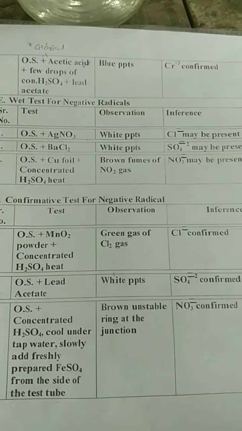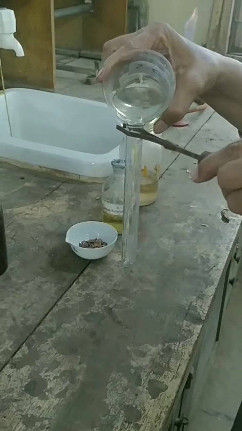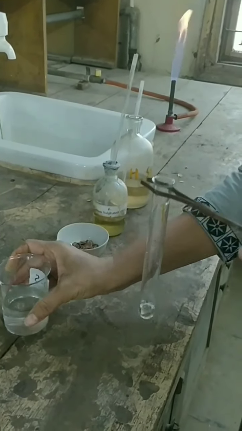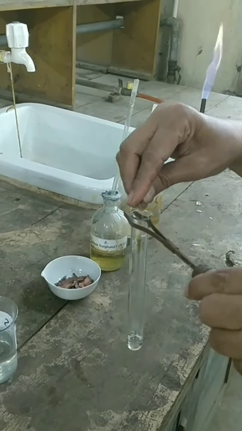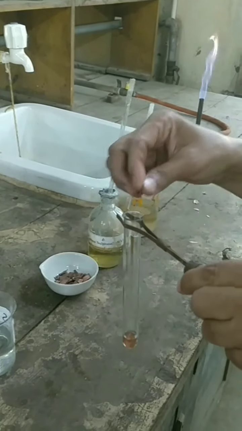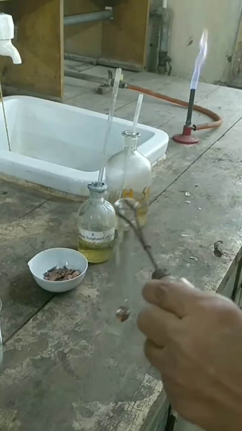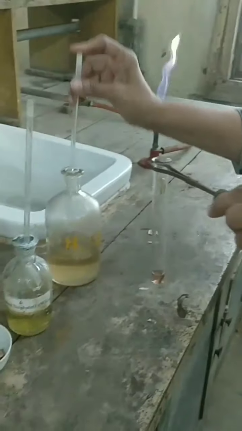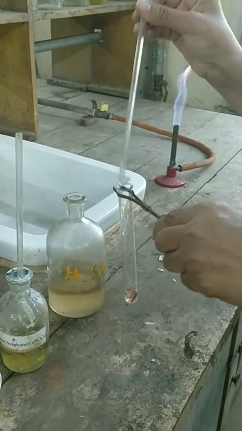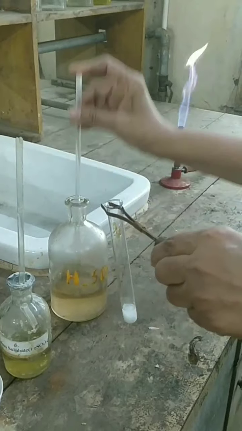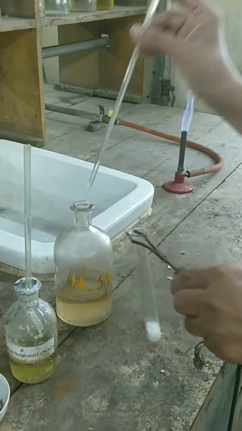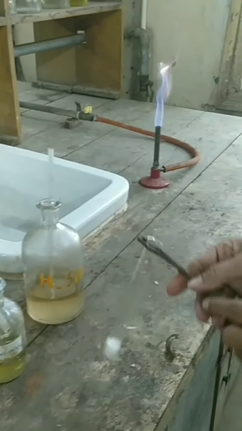For the test of nitrate, we will take OS in a test tube. Then we will add copper foil into it. Then we will add concentrated sulfuric acid. After this we will heat.